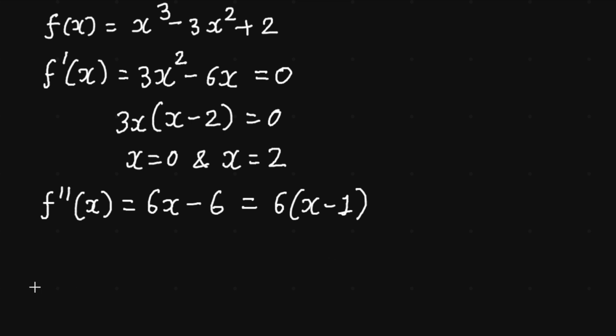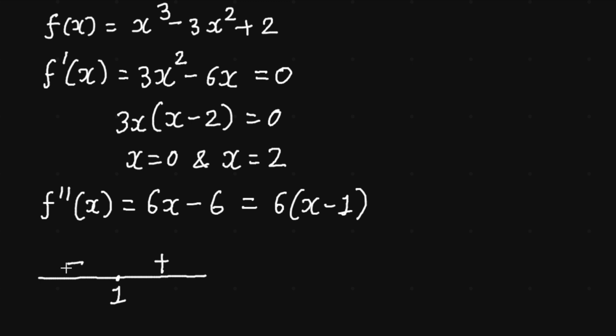Okay, now let us draw a number line. Okay, this is our number line. Here you can see that in this expression 6 times x minus 1, if we plug in x equals 1, then it would be 0. So for all the values less than 1, we will have the negative sign, and for all the values greater than 1, we will have the positive sign.